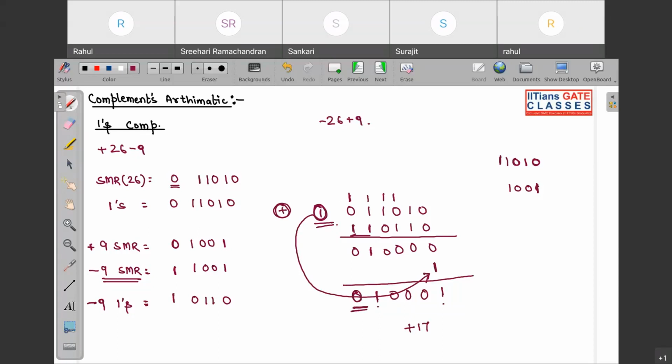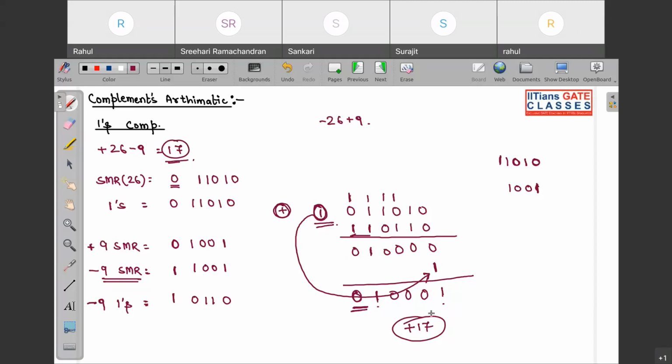So this is plus 17. So whenever carry is generated, it indicates a positive number. Carry not generated, it indicates a negative number. And in ones complement, whenever carry is generated, it is added to the least significant bit of the result to get our answer. Tell me, is this process clear to everyone?